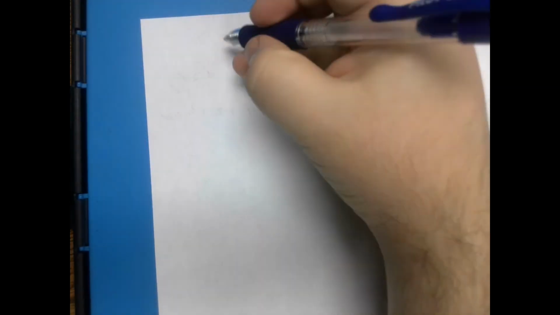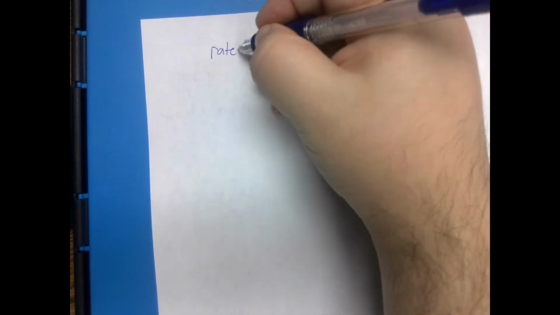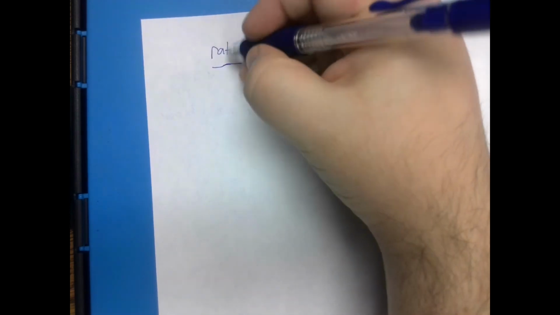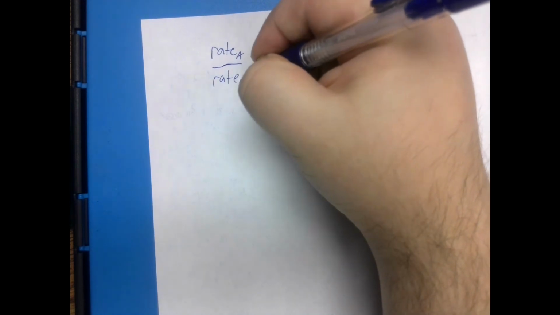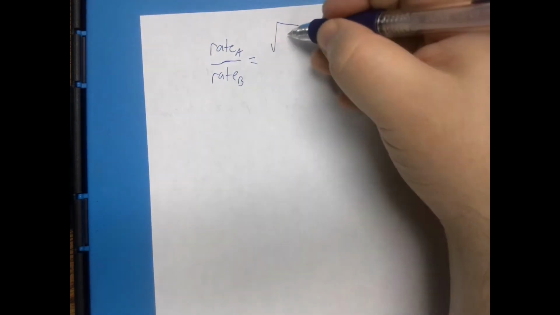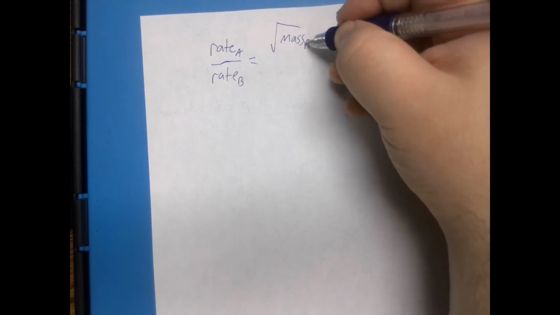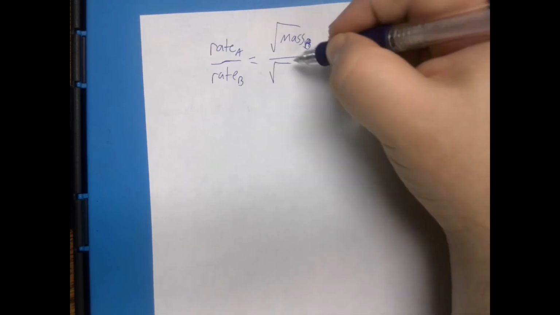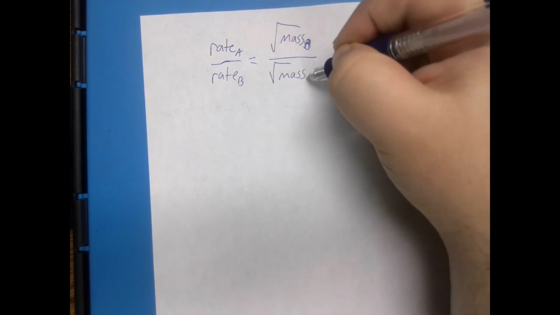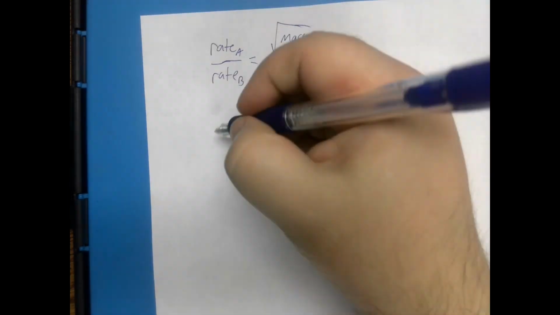So Graham's formula is rate A over rate B equal to the square root of the mass of B over the square root of the mass of A. That's Graham's formula.